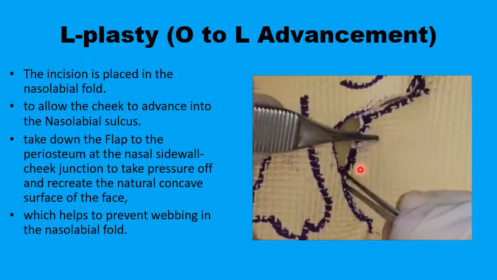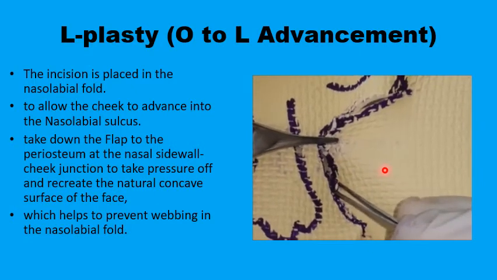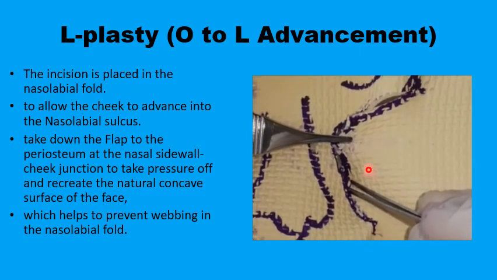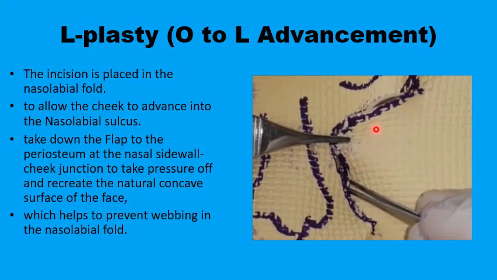And then the flap is mobilized forward in a linear way, and you end up closing up the incisions with the incision lines parallel to the relaxed skin tension lines below the eye and beside the nose.